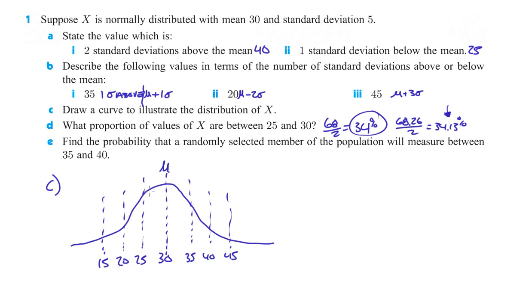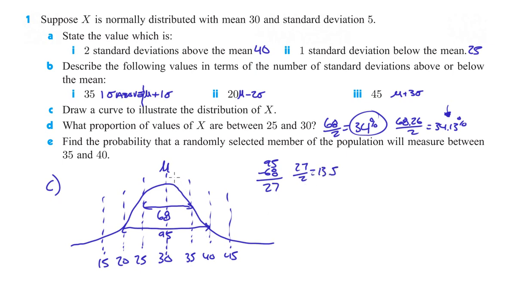So if we've got 68 right here, and then we've got 95 right here. If we do 95 minus 68, we are going to get 27, right? Take 27 and divide it by 2, and we get 13 and a half.